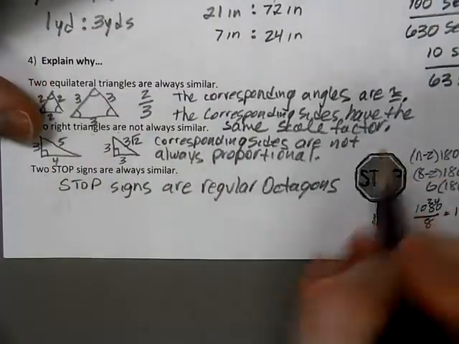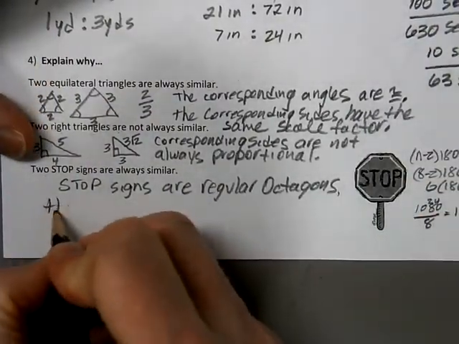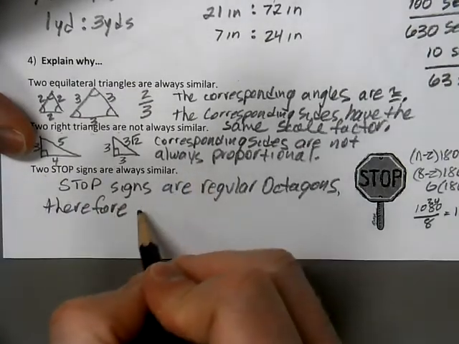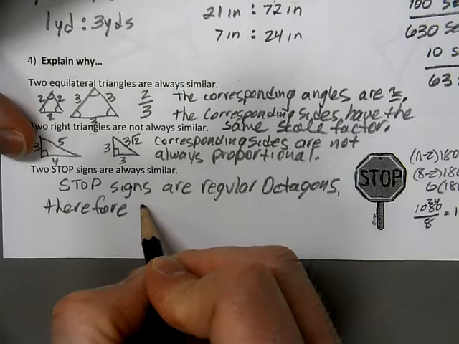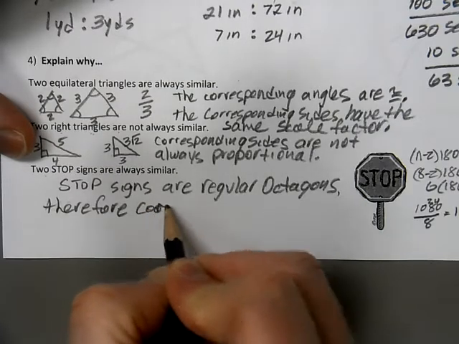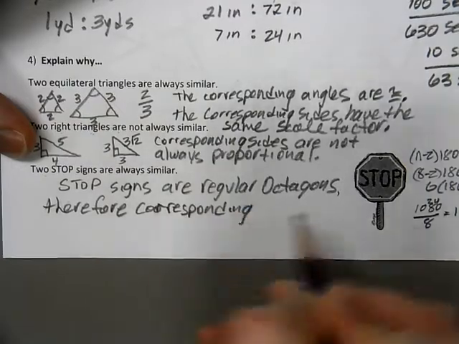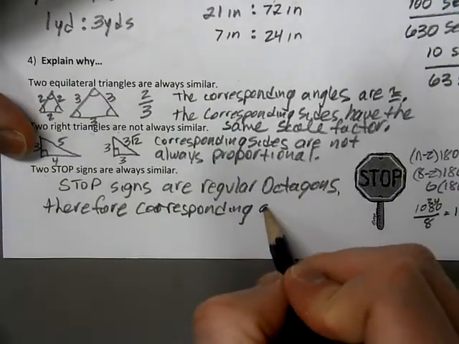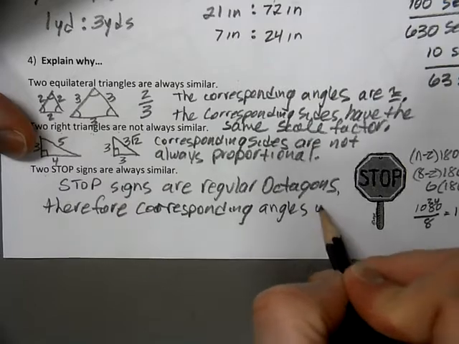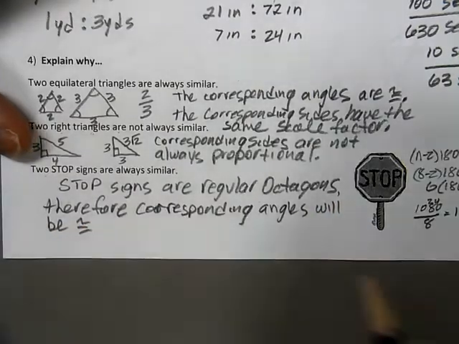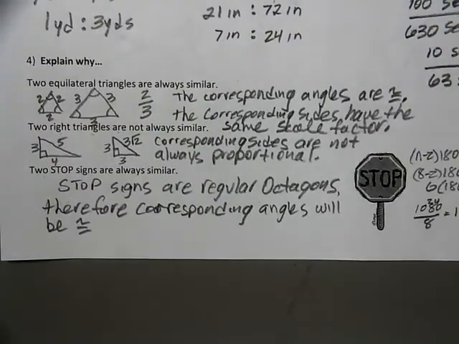So, let's say, therefore, corresponding angles will be congruent. Now remember, this isn't a triangle. We can't stop there. We actually have to do all the angles and all the sides.